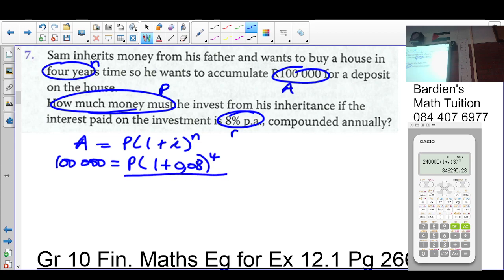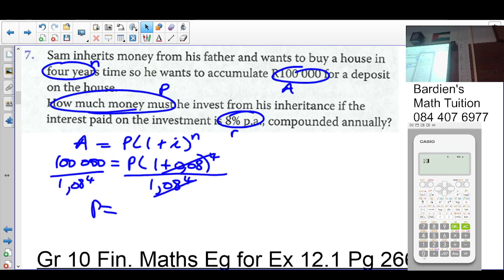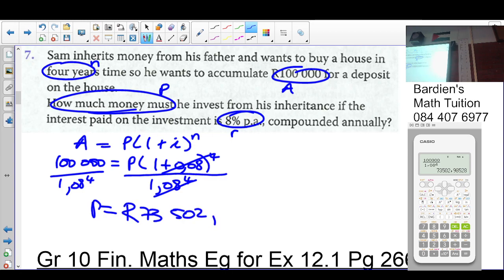To get P on its own, I divide both sides by 1.08 to the 4. So P is equal to 100,000 over 1.08 to the exponent 4, which is 73,502 Rand and 99 cents.